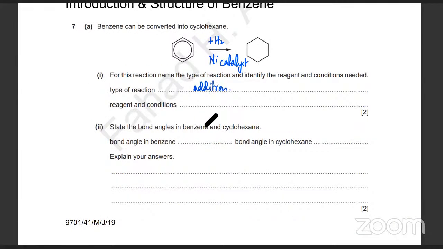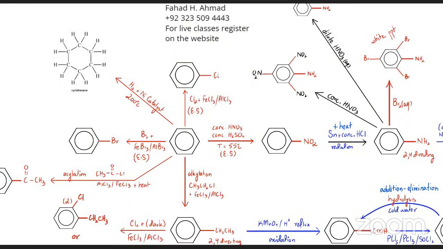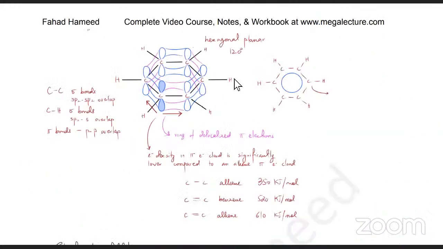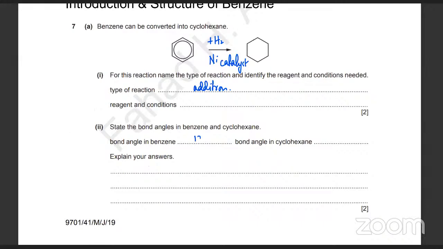Next is: state the bond angles in benzene and cyclohexane. The bond angle in benzene is 120 degrees, as given over here. The structure of benzene is that every carbon is sp2 hybridized, so every angle is 120 degrees. Whereas every bond angle in cycloalkane, it's making 4 bonds.